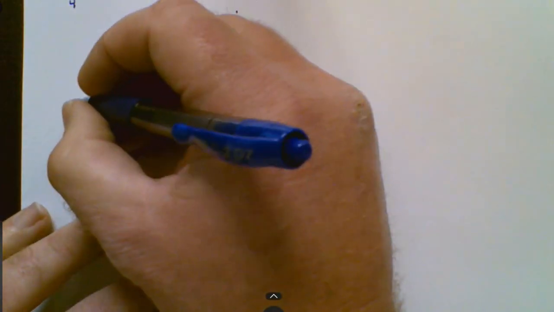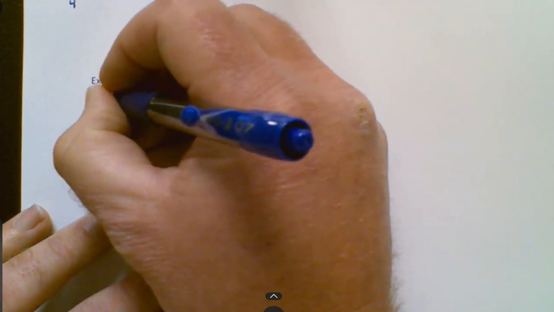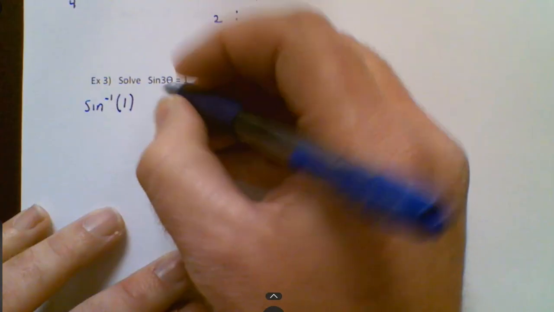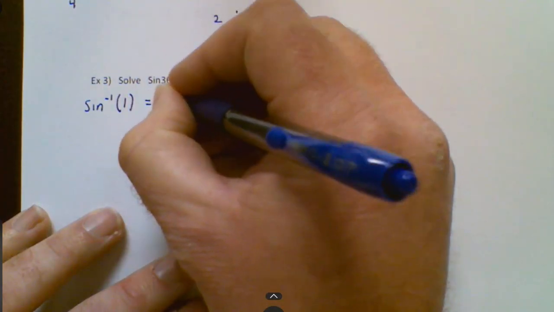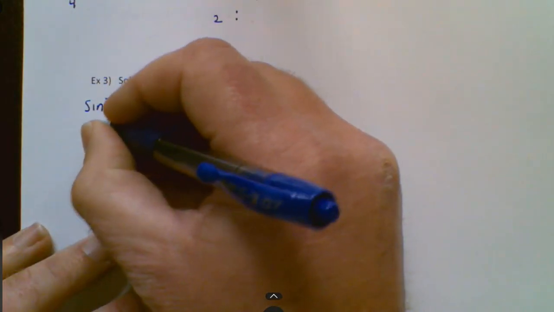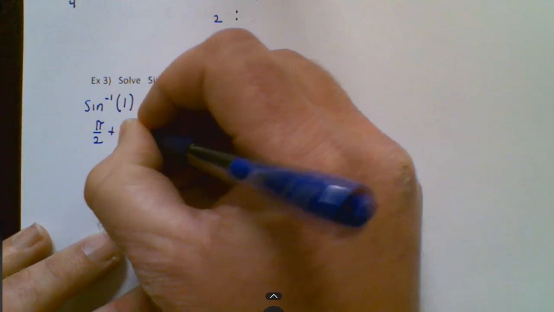Just thinking of it in terms of an inverse function, we're saying the sine of what angle is 1. And I'm going to put the 3 theta on the other side. That's what we're solving for. So again, we knew this is pi over 2 plus 2n pi.